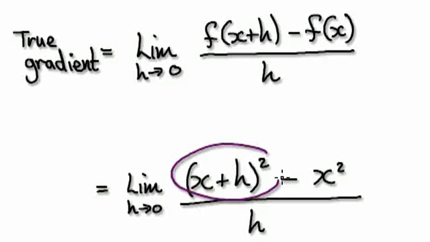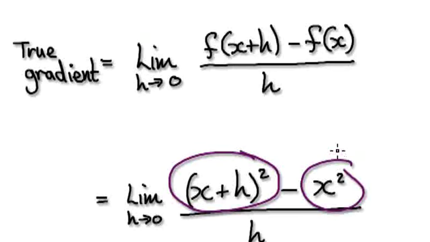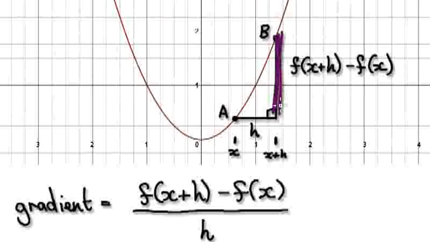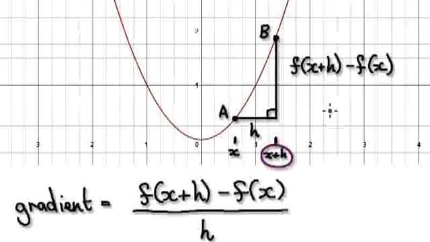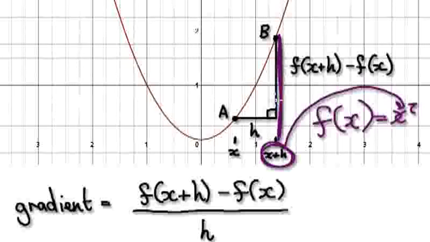What I'm trying to say is that if you look at the diagram, this take away this would give you this length here. If you put this into the function f of x, x squared, that will give you the whole length here.